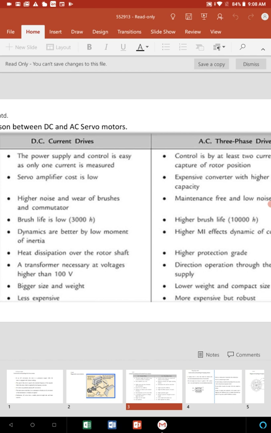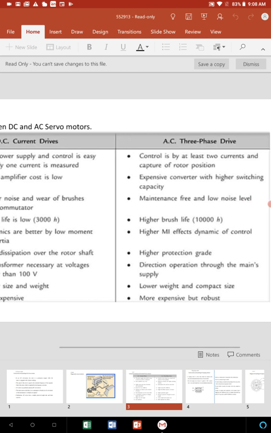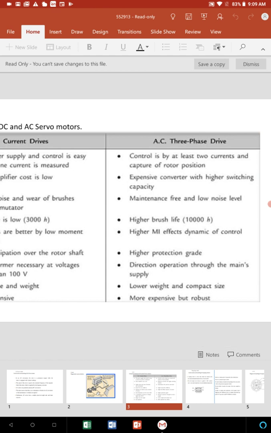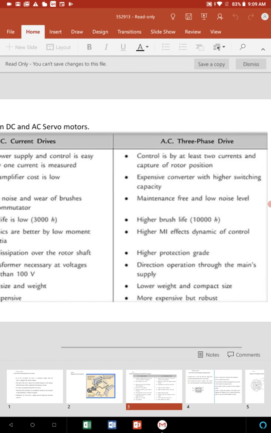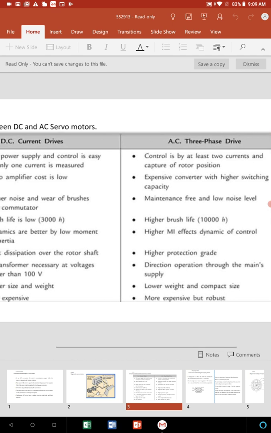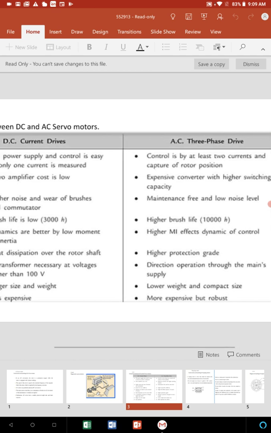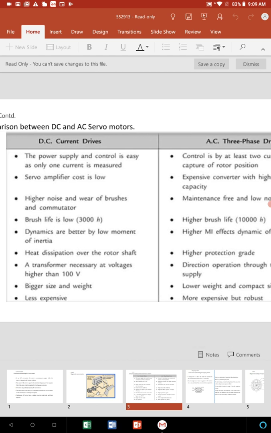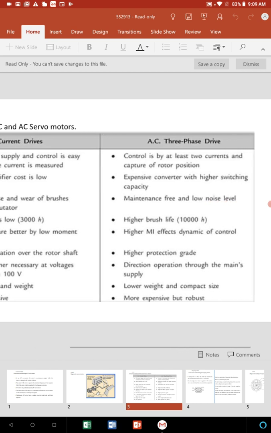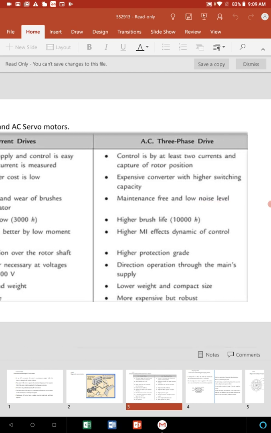Whereas in the AC, the control needs at least two currents and capture of the rotor position, related to AC supply or DC supply. And the second point, servo amplifier cost is low for DC, whereas for AC it is expensive.